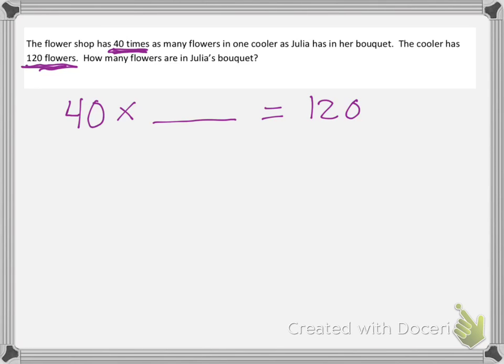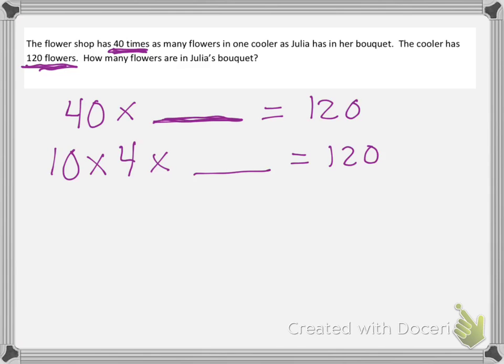Well, let's break this down to see if we can find that missing factor. So on this side, 10 times 4 times what is equal to 120? We need to figure out what's going on here. 4 times what is going to give you this 12?